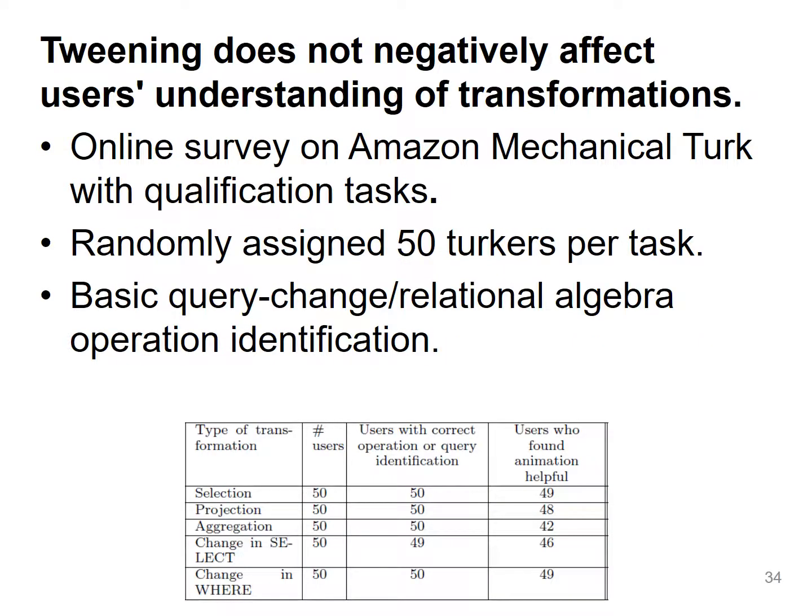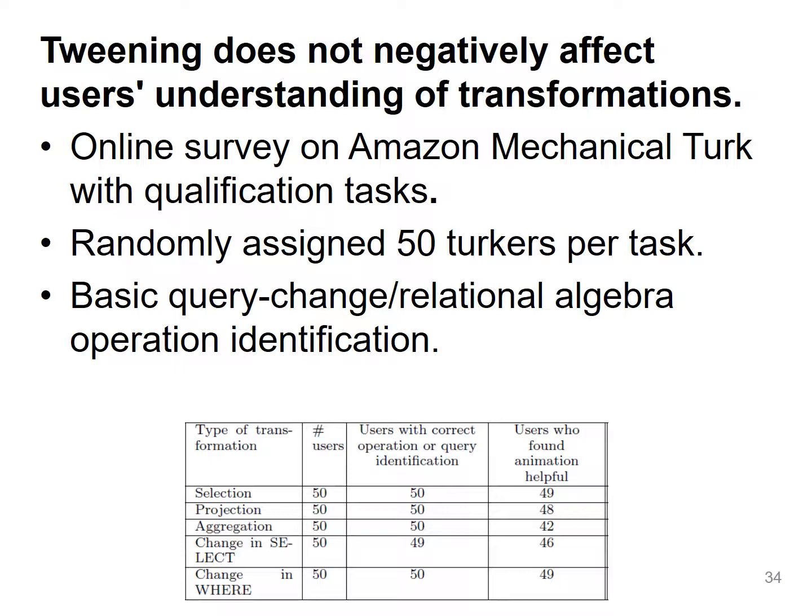So for testing the first hypothesis, we conducted an online survey on Amazon Mechanical Turk, and we randomly assigned 50 Turkers for each of these 5 tasks. Each of these tasks was a basic change in the SQL query or a basic relational algebra operation like selection or projection.